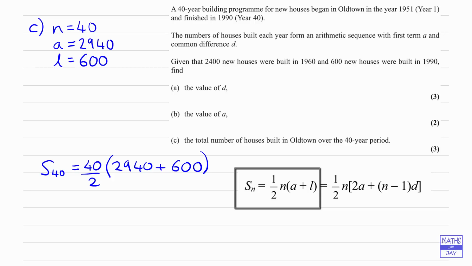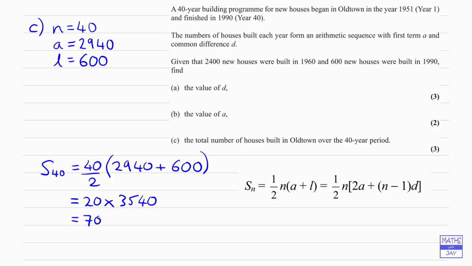So much easier to work out than the alternative. So you could do the alternative, but if you haven't got a calculator, this is going to be a much easier method. So halving 40 and then adding together the 2,940 and 600 will be 3,540. So that gives us a grand total of 70,800.